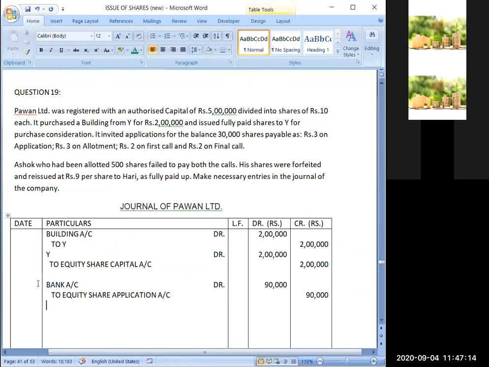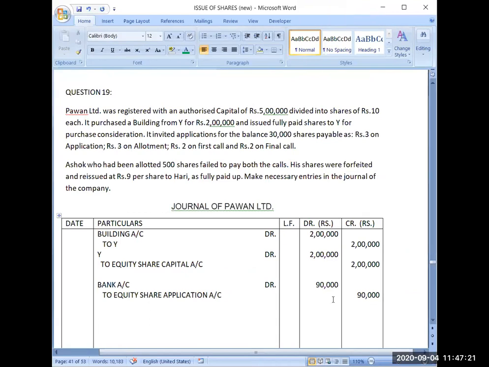Then equity share application account debit 90,000 to equity share capital account 90,000.